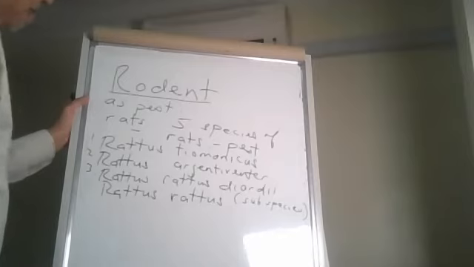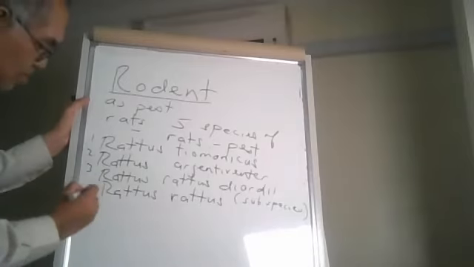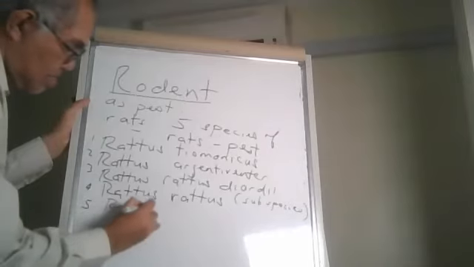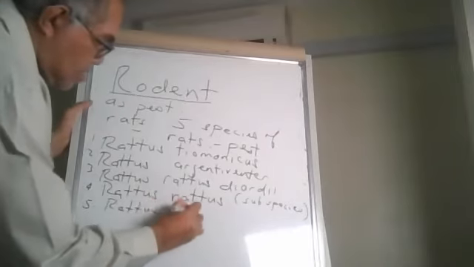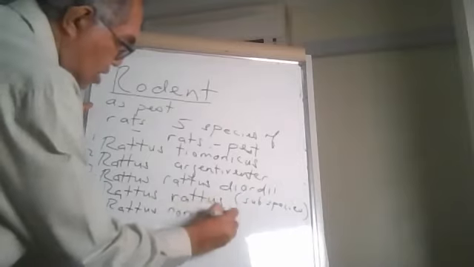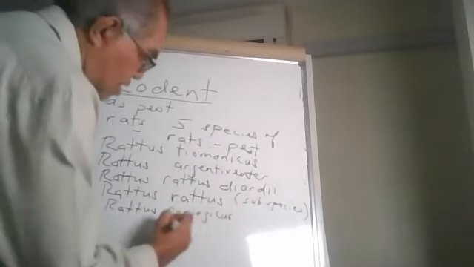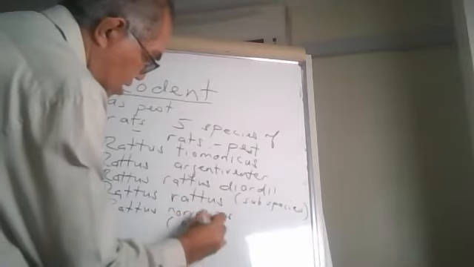But the last 2, the 4th one and the 5th one, that is Rattus norvegicus. Norvegicus means Norway, Norway rat.